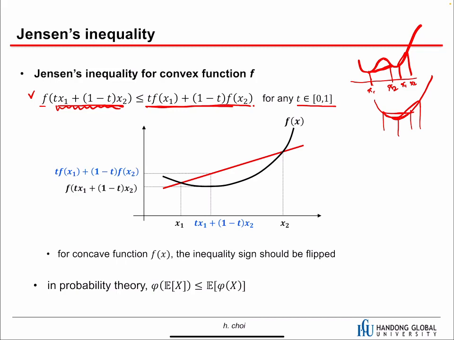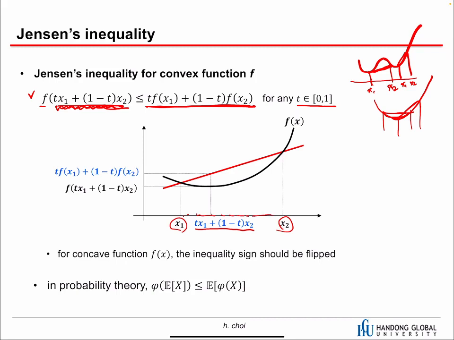And this one is the weighted sum of f of x1 and f of x2. So t x1 plus 1 minus t times x2 is one point between x1 and x2. It could be any point here.